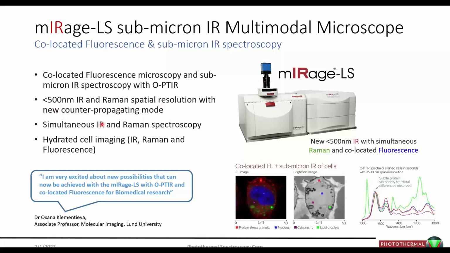We've also introduced a new counter-propagating mode, which comes up in the coming slides. That gives us certainly below 500 nanometer infrared spatial resolution, which is pretty darn exciting. We still do simultaneous infrared and Raman, and it works great for life science applications in particular. But I'll show you some examples of where fluorescence can be useful in a microplastics application as well.